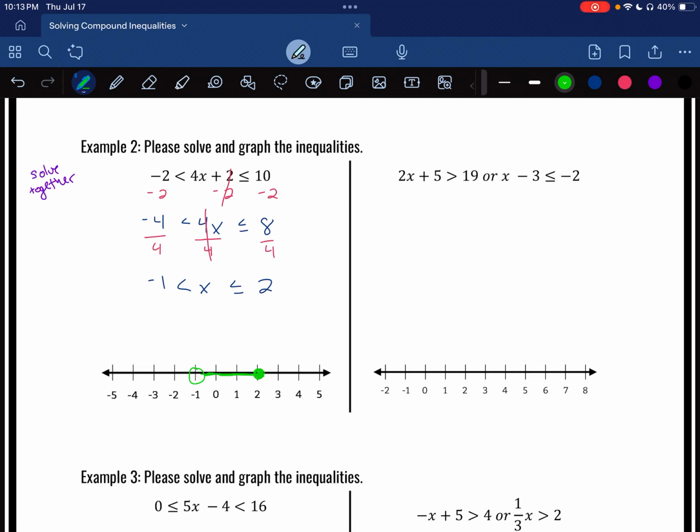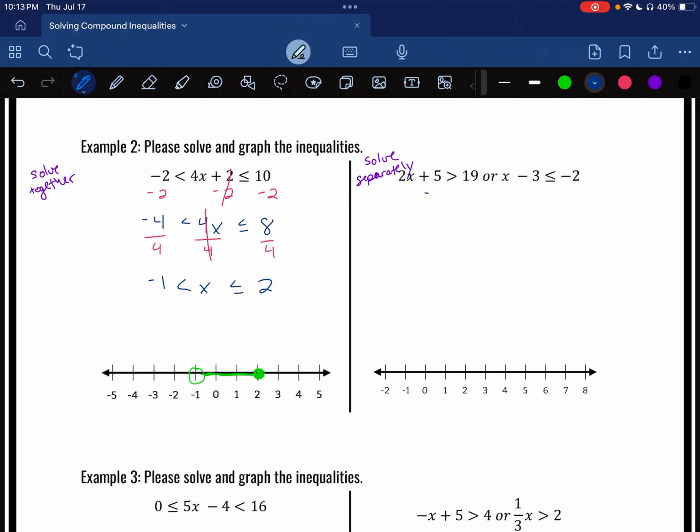All right, next we have an or, and so these I'm going to just solve separately. So it's just like solving two problems for the price of one. So let's start with this one here on the left.